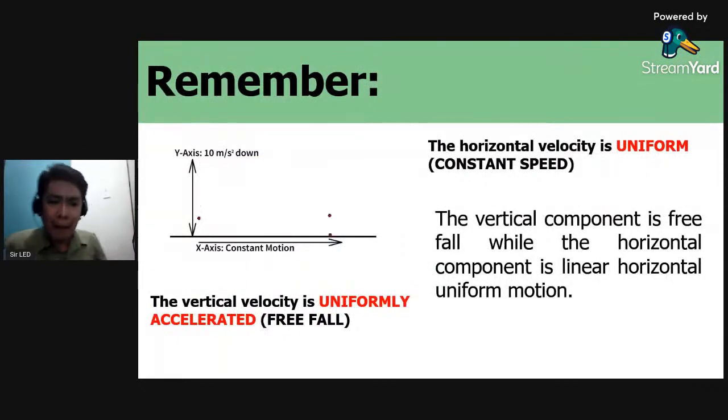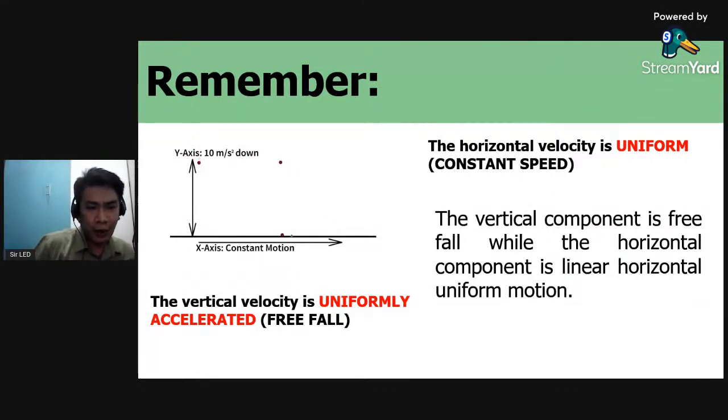Now, remember, as what I said, the horizontal velocity is uniform, constant speed. That means the horizontal velocity from the start to finish is constant. Let's say the speed of the horizontal component of this ball is initially 5 meters per second.